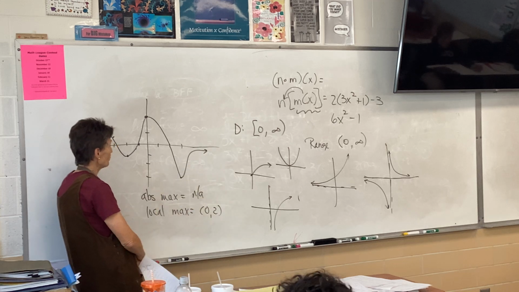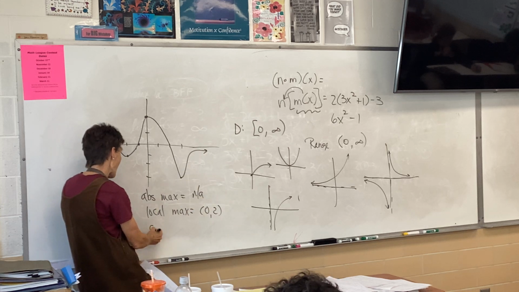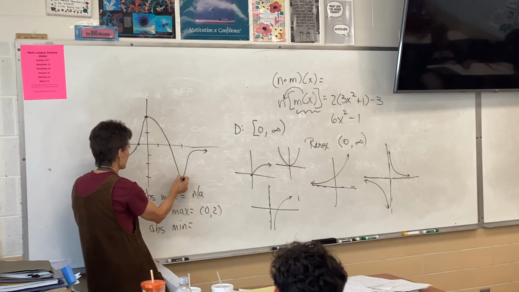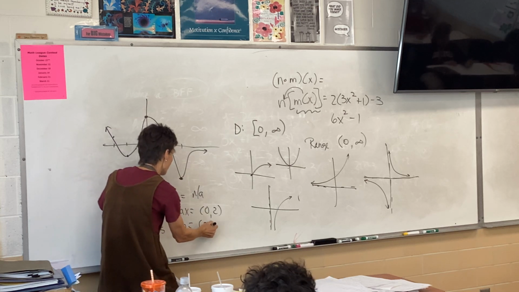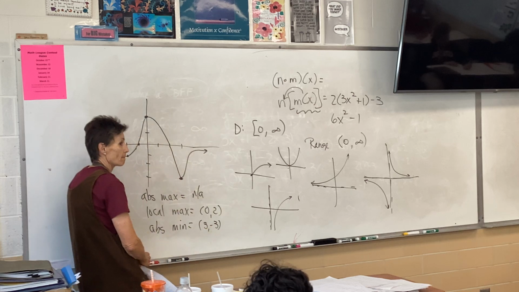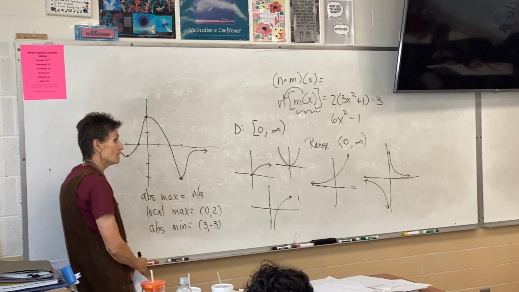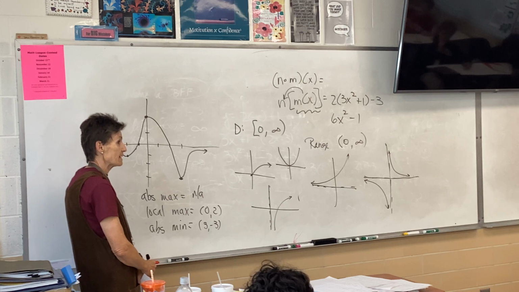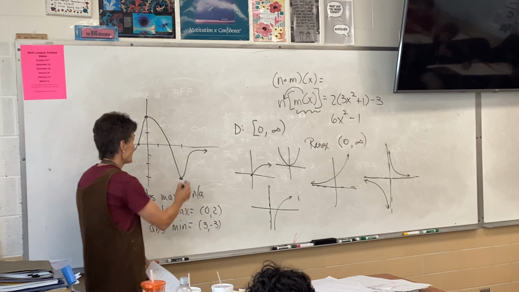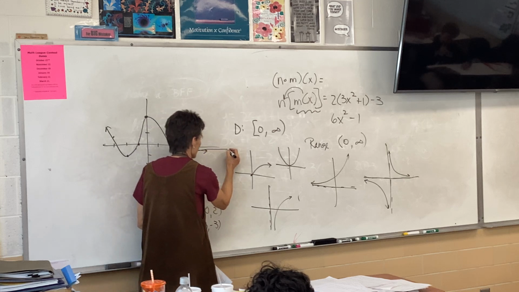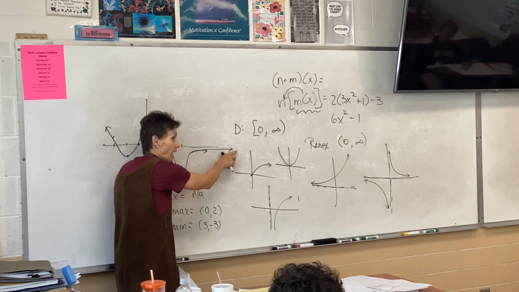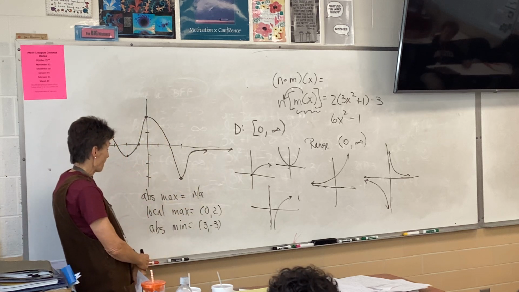An absolute minimum. Does this curve have an absolute minimum? It surely does. At 3, -3. Why is there absolute? Does it keep going down? No. What is it doing here? It's following its asymptote, so it's actually getting a little bit higher too, right?